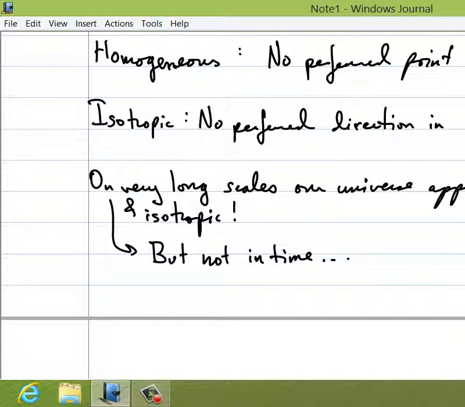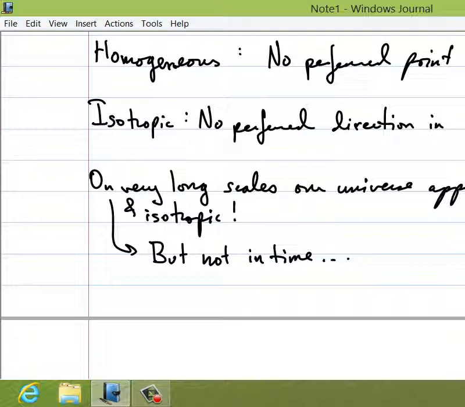However, that does not appear to be the case. Indeed, in our universe, there appears to be a preferred direction in time. In particular, our universe is expanding as time moves forward. And so it just happens to be a fact about our universe that our universe is only homogeneous and isotropic in space.